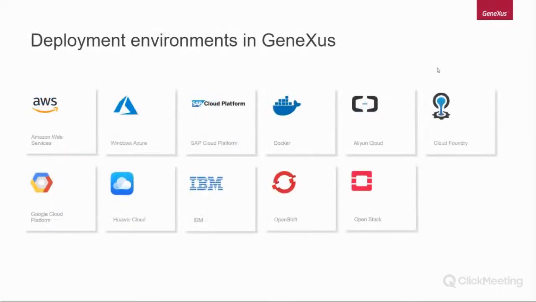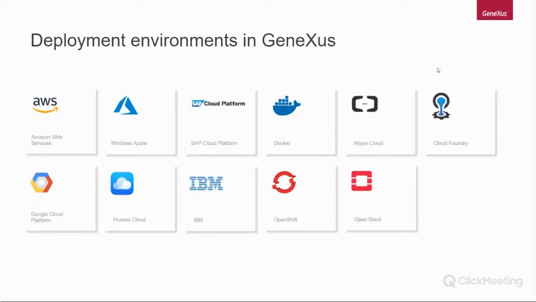And finally, for the deployment in Genexus, we give also a wide variety of deployment environments in which the developers will be able to deploy these applications to different cloud providers, or perhaps using containers such as Docker, will be able to deploy the application and get it ready to be tested by the end user and for it to be used through the cloud.